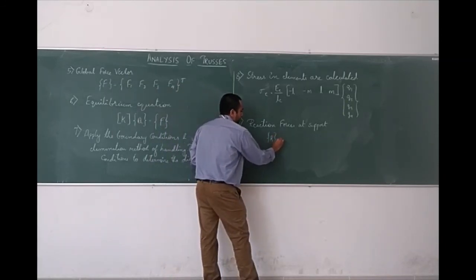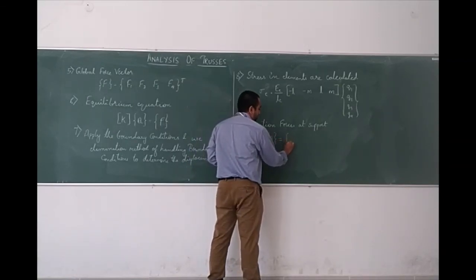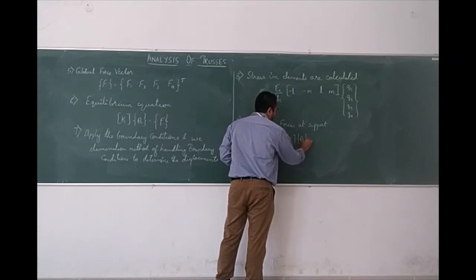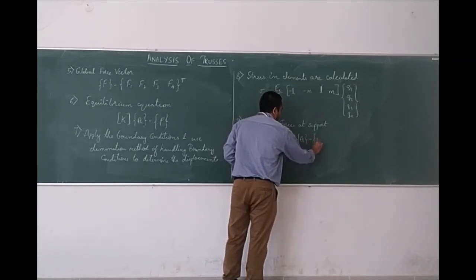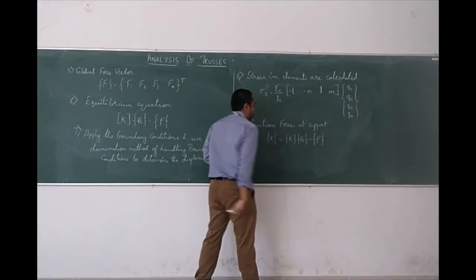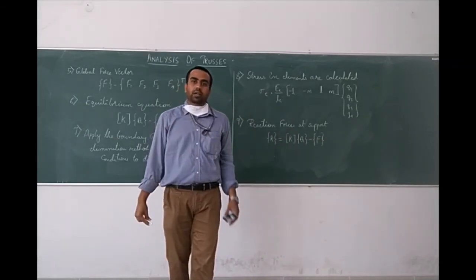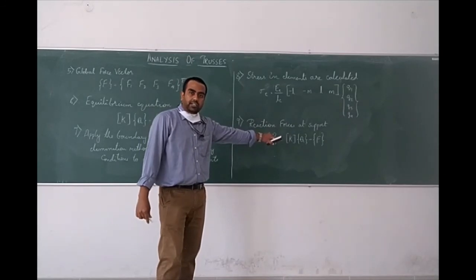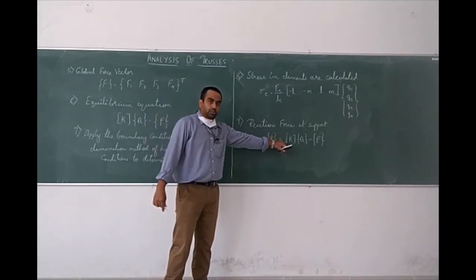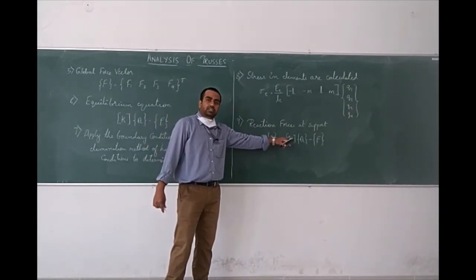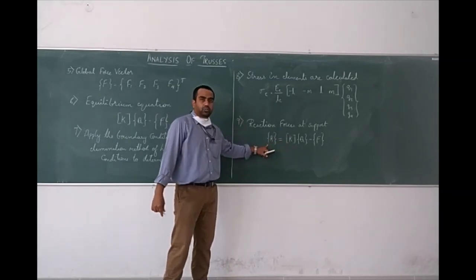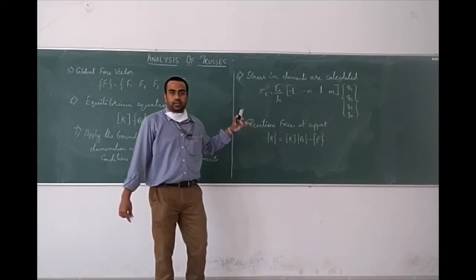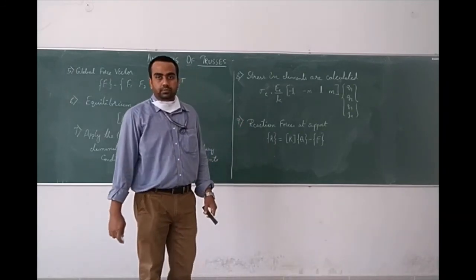R vector is equal to K multiplied by Q minus F, where F denotes the global force vector, Q denotes the global nodal displacement vector, K denotes the global stiffness matrix, R denotes the vector corresponding to reactions at the different node locations.